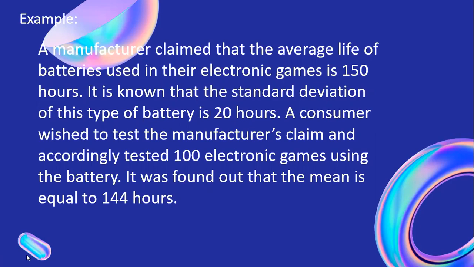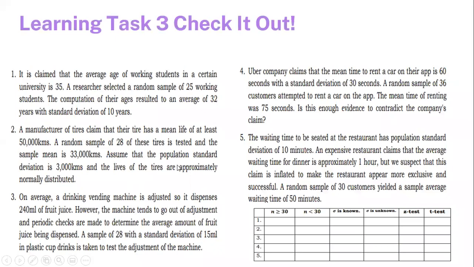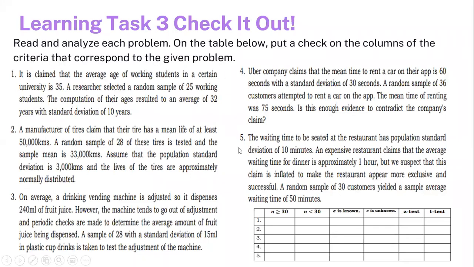And for your learning task number 3, which is entitled Check It Out, based on the 5 problems presented, you need to identify if the n is greater than or equal to 30, if it is less than 30, if the population standard deviation is known, if it is unknown, if it is z-test or t-test. You need to check which column is appropriate for each given problem.